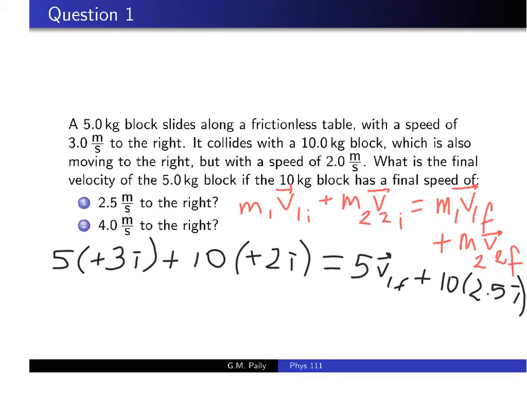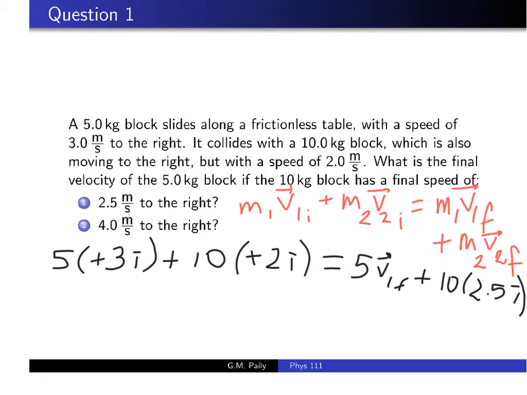Plugging in, we see that for case 1, m1 is 5 kilograms, v1 initial is 3 i hat, m2 is 10 kilograms, v2 initial is 2 i hat. And in this case, we don't know what v1 final is, but we know that v2 final is 2.5 meters per second i hat.